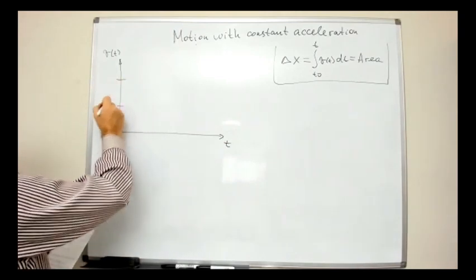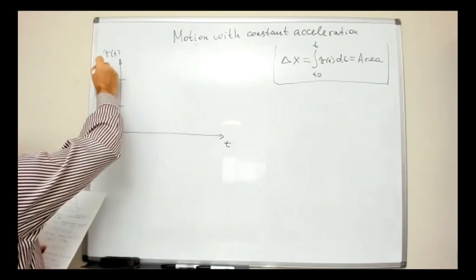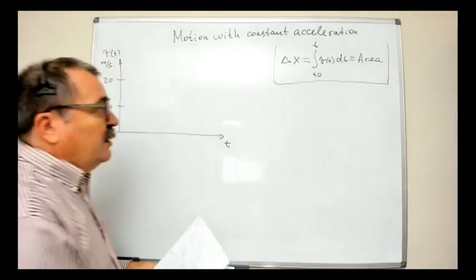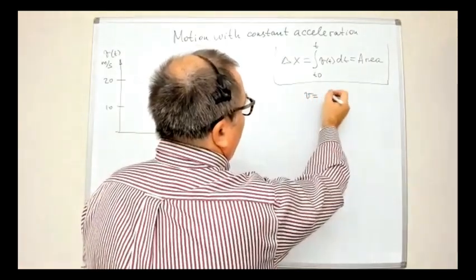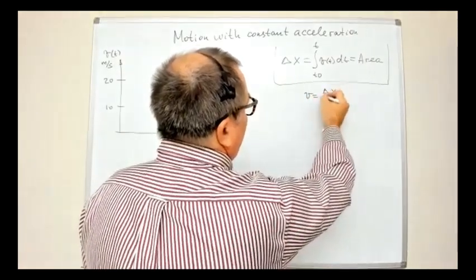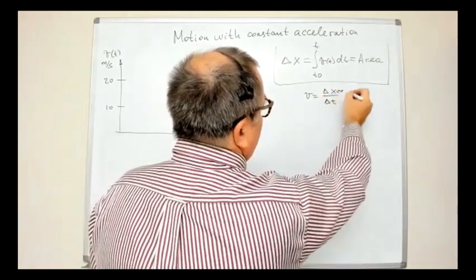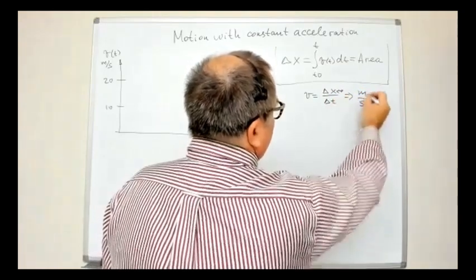Say 10, 20. So units for the velocity is meters over the second, right? Because the velocity is delta x over delta t. So this is meters and time in the second, so meters per second.